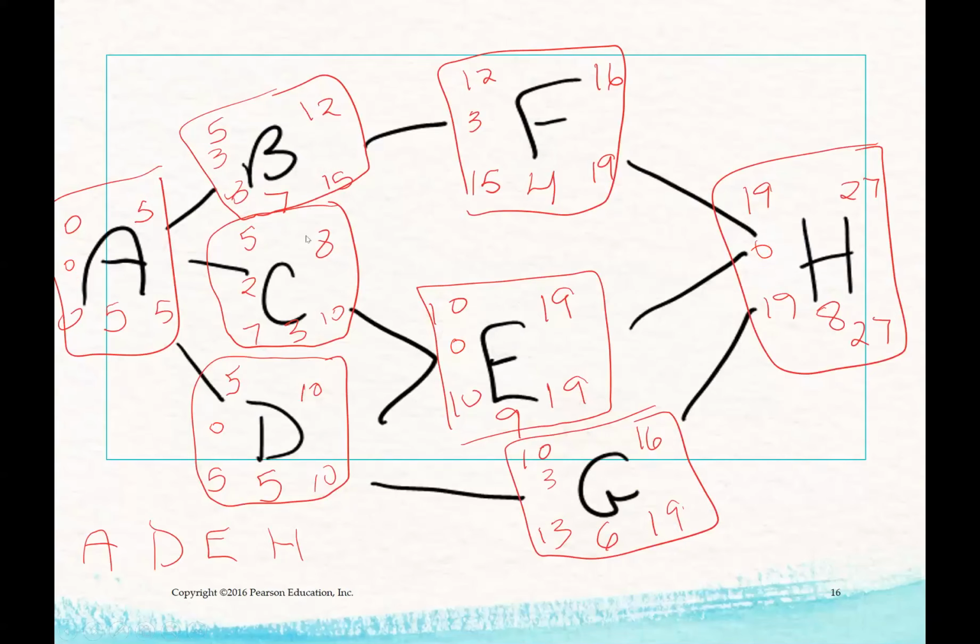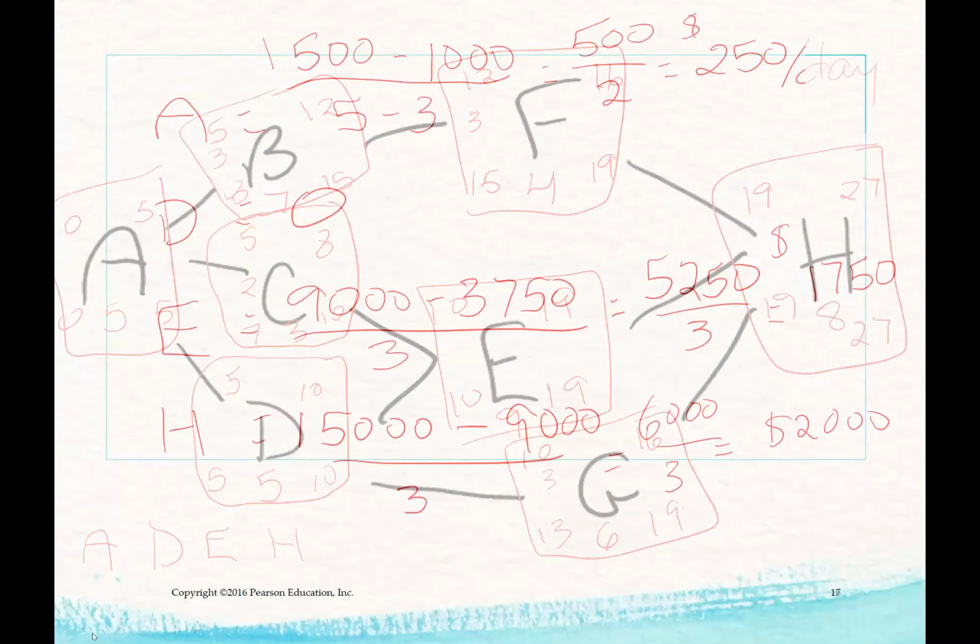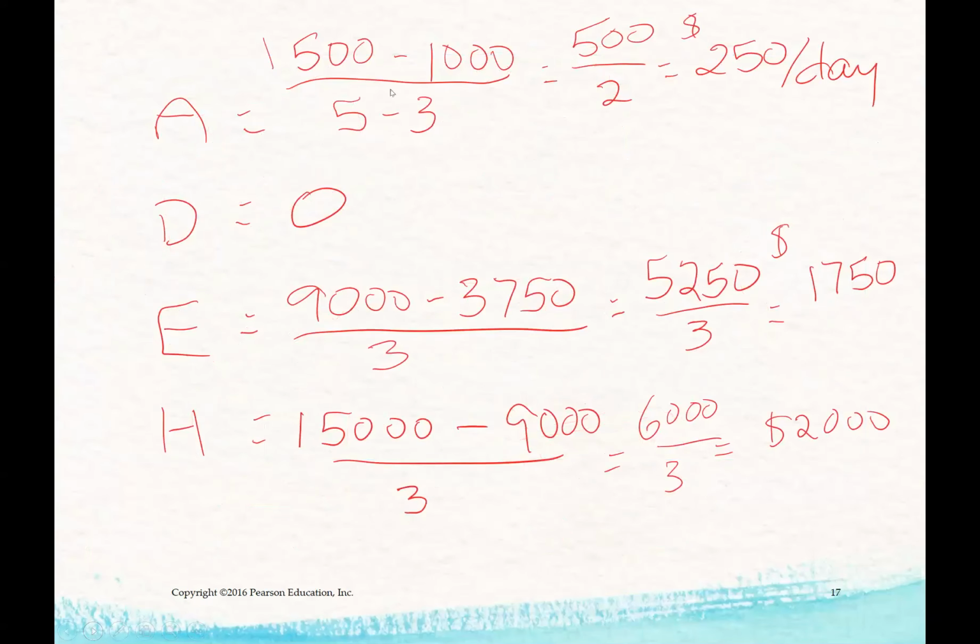Again, all of these other activities are still going to be completed. They're just not on the critical path, and so we're not looking at crashing any of those activities. So A, D, E, H. We've been told on the table what our normal cost is, what a normal duration is, what our crash cost is, and our crash duration. So following that formula, doing the calculations, A is going to be $250 per day, E is $1,750 per day, and H is $2,000 per day.